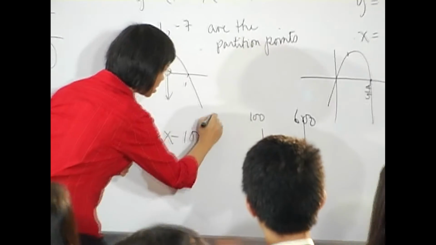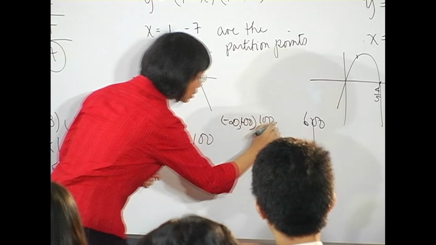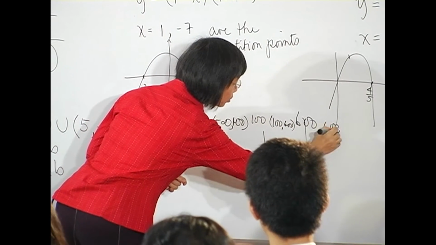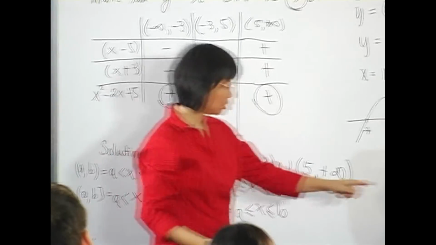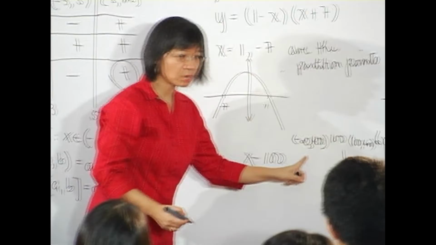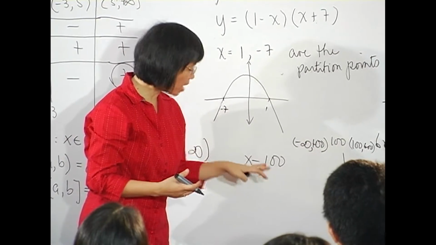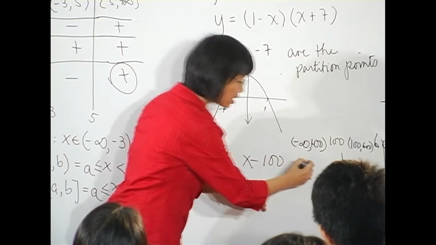So this means negative infinity to 100, 100 to 600, and then 600 to positive infinity. Choose an x value less than 100, say 99. 99 minus 100 is negative 1, so the sign is negative.